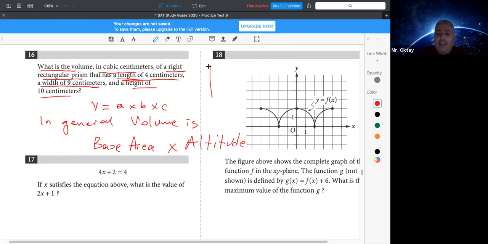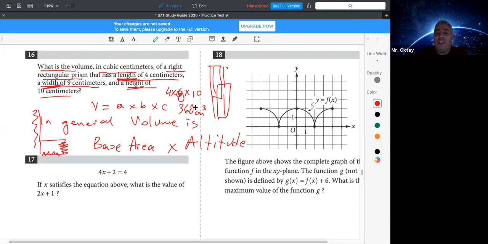Length and width for the base, and height. So directly 4 times 9 times 10, which will be 360 cubic centimeters.